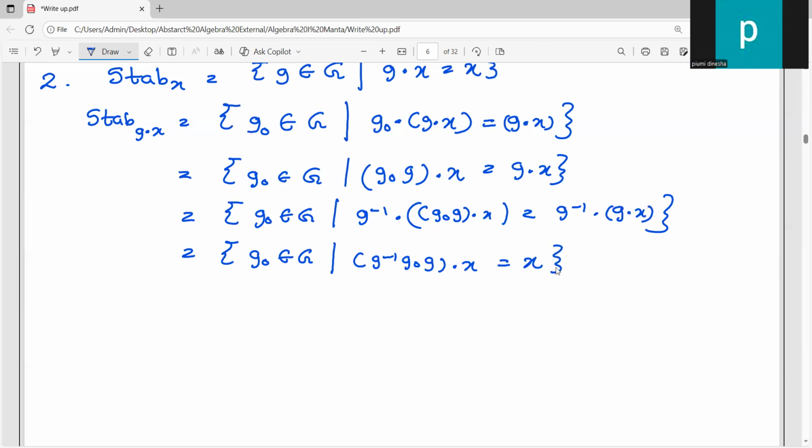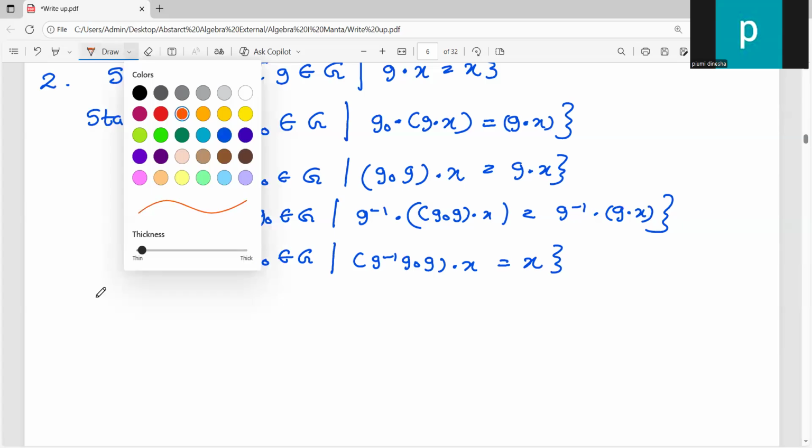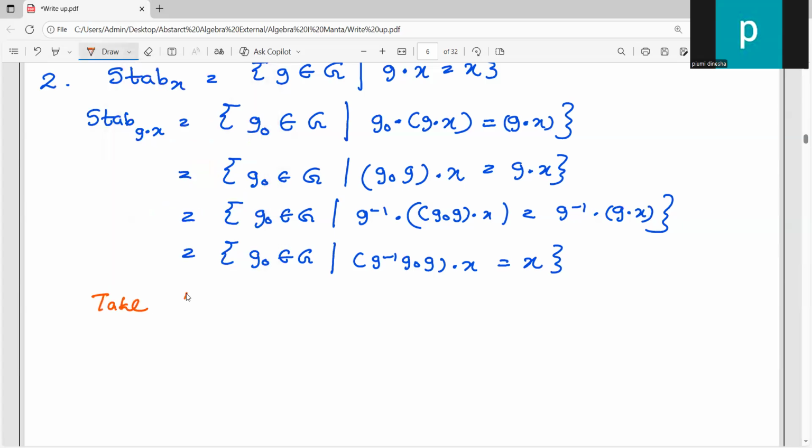Right? What I'm going to do is I will write in another one. Take k to be the element g inverse g naught g, which is an element in G. Then we have, because k is equal to g inverse g naught g, by simply taking the product of g on the left and g inverse on the right of this equation, we see that g naught is g k g inverse.